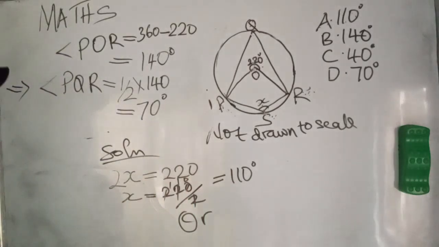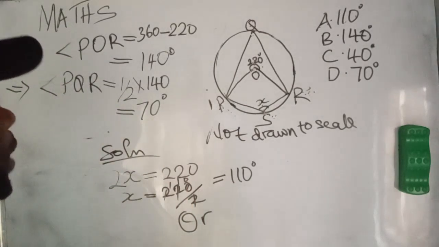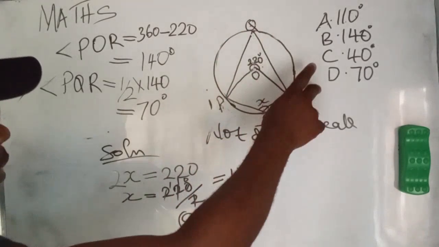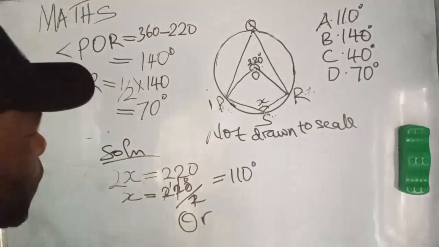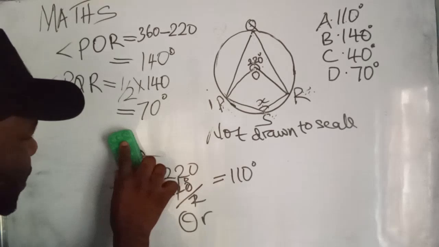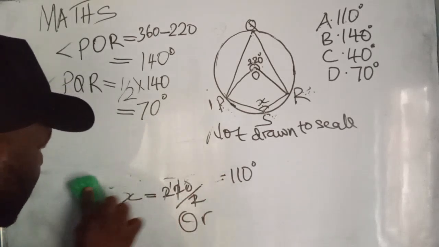Nice one. Now, since angle PQR is 70 degrees, remember the first rule I gave.